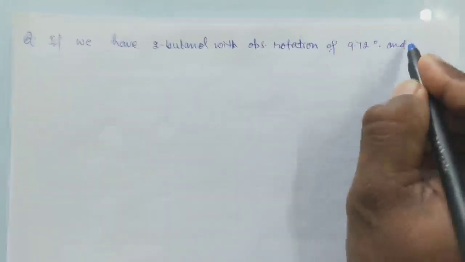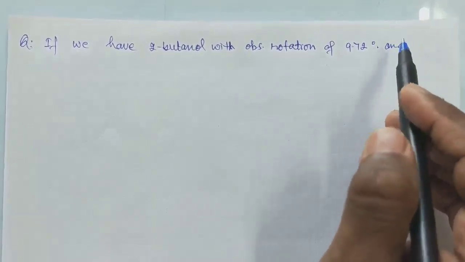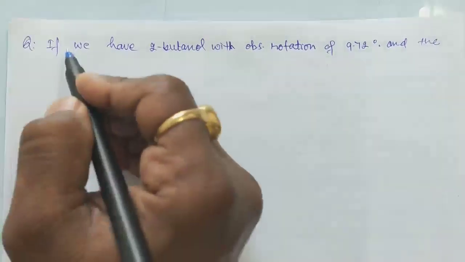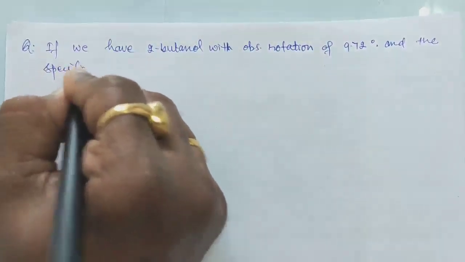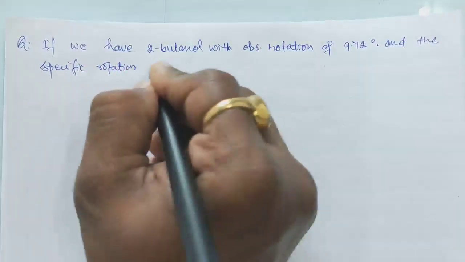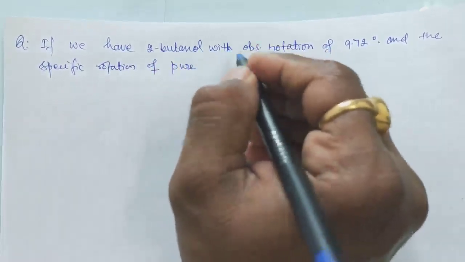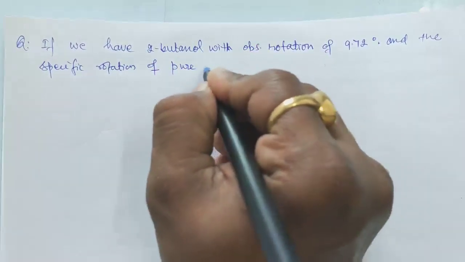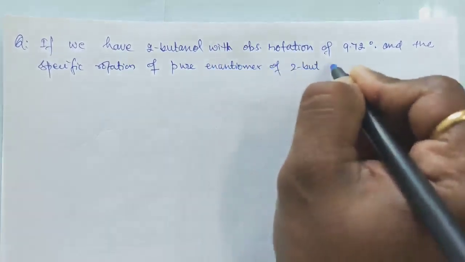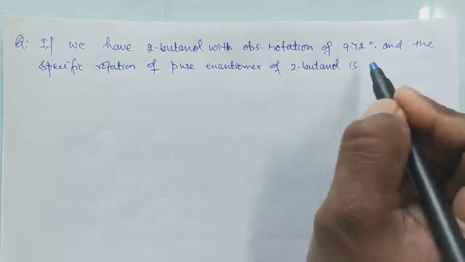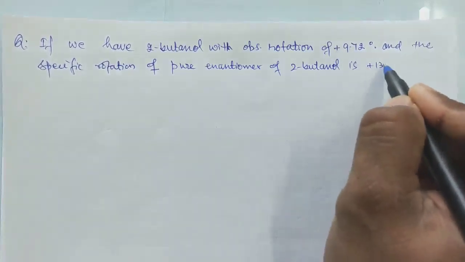And the specific rotation of the pure enantiomer of 2-butanol is 13.5 degree plus, this is also plus 13.5 degree.